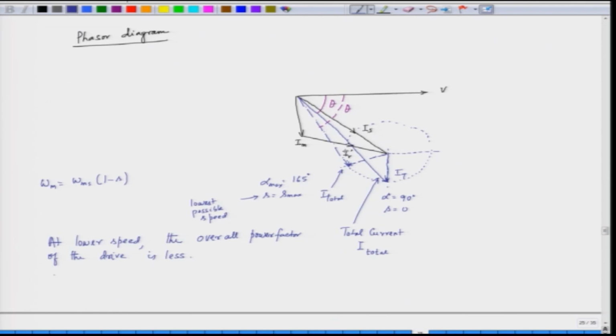So, it means when we decrease the speed, the power factor also decreases. So, this is a very important conclusion. As the speed decreases, the power factor also decreases. So, we have to remember this, that at reduced speed the motor runs at a reduced power factor. The overall drive, static Kramer drive, runs at a reduced power factor.